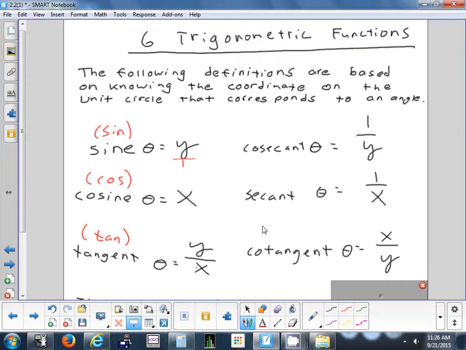Okay, and the abbreviations, okay, that's abbreviated COT for cotangent. Okay, SEC. So usually we just try to use the first 3 letters. But can I do that for cosecant? No, because I've already used COS somewhere else. So they go Cosecant, CSC.